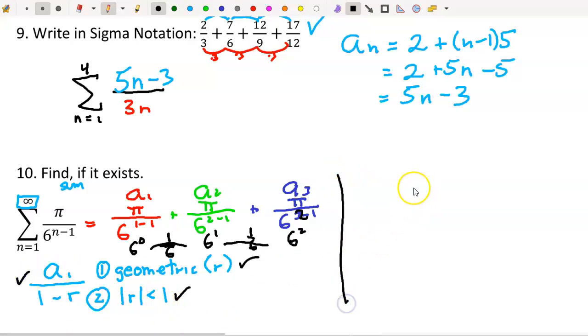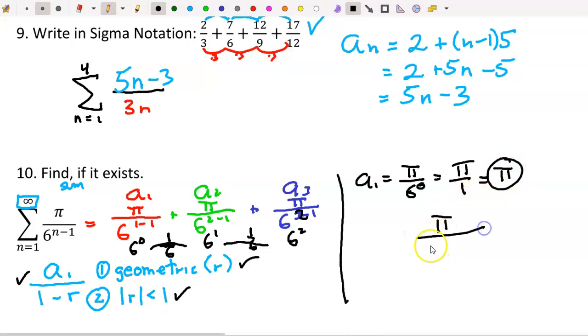So let's do that. My first term, a sub 1, we know is pi over 6 to the 0. 6 to the 0 is 1, so my first term simplified all the way is pi. So that goes on top. Pi, once again. On the bottom, 1 minus 1/6. And then simplify that, so we have 5/6.